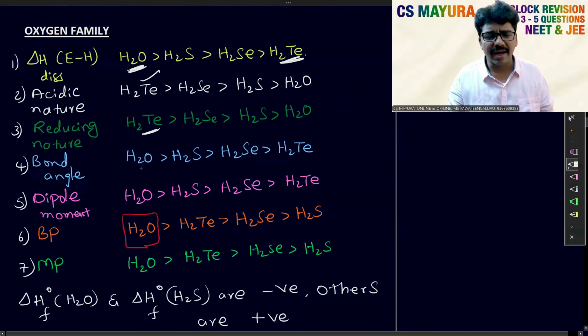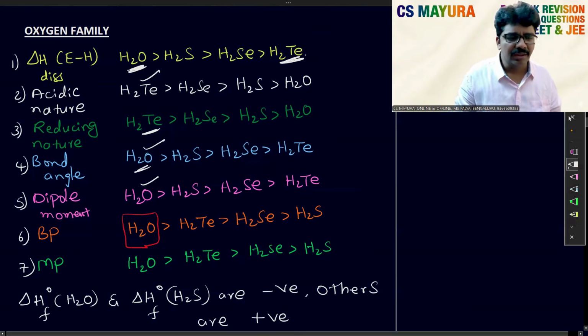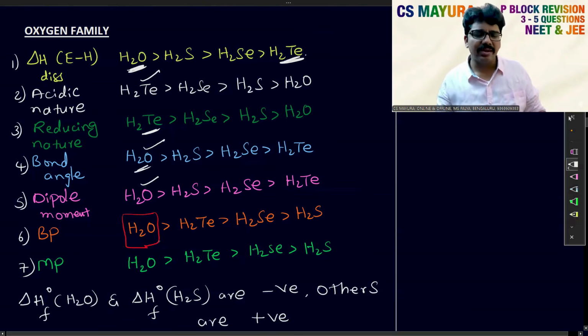Bond angle is directly proportional to the electronegativity of the central atom. Then water has a high bond angle, which gradually decreases. Dipole moment is directly proportional to the electronegativity difference between the central atom and the bonded atom. So water has a high dipole moment. Next, boiling point. Boiling point is directly proportional to intermolecular forces and molecular weight.